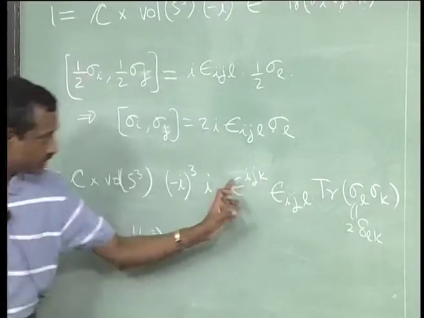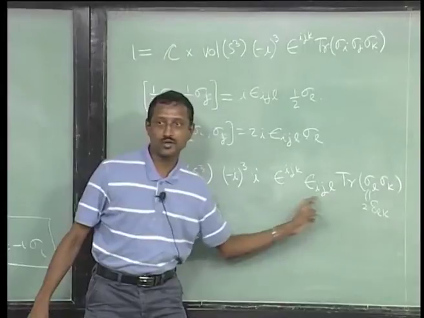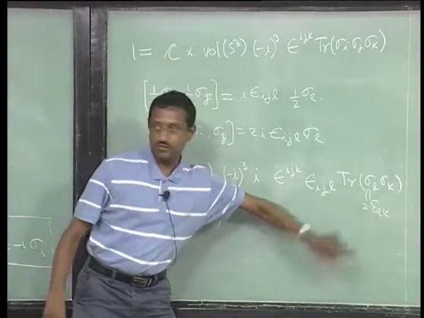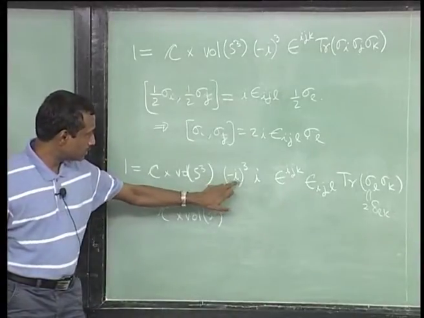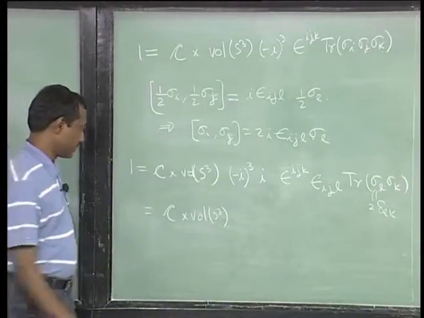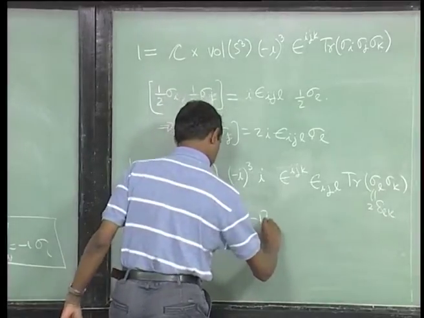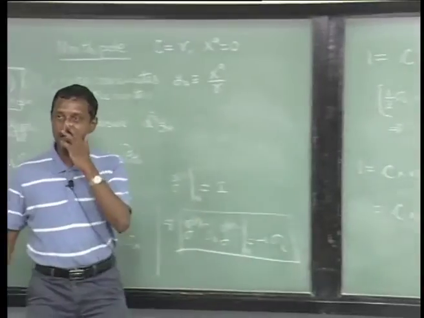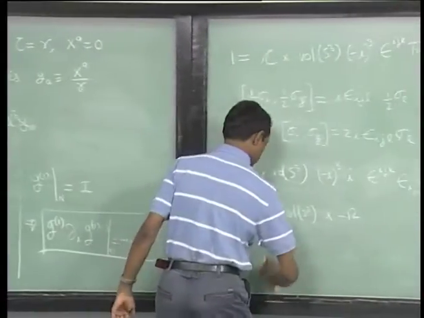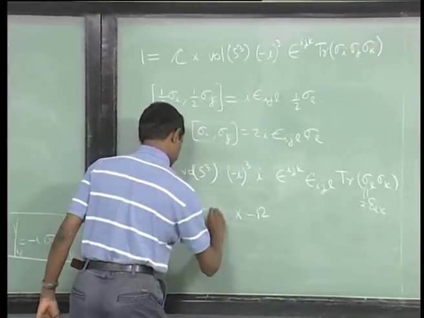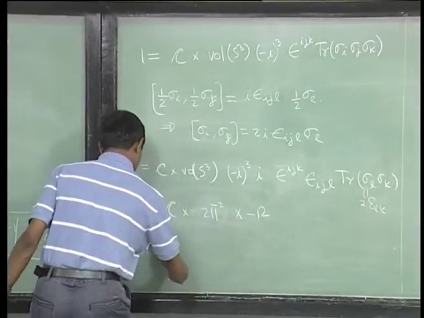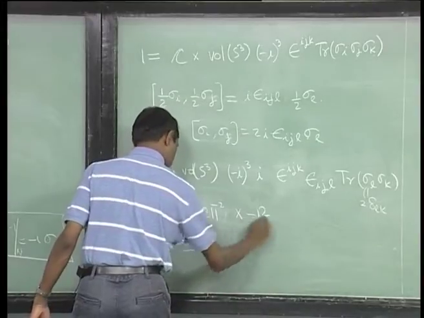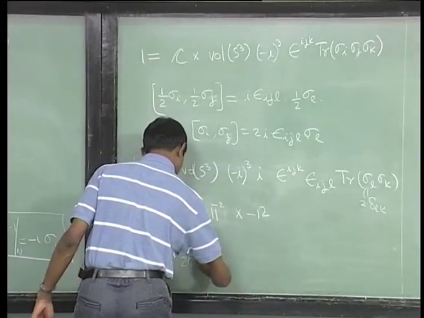Okay, so you get 2, and then you get epsilon_ijk if you contract with the delta_Lk, but that is 3 factorial, which is 6, and then you get a 2 from here, and this gives you minus 1. But we have already seen that the volume of S3 is 2 pi squared. So I can just write that out here. So we get C equal to minus 1 by 12 into 2, 24 pi squared.